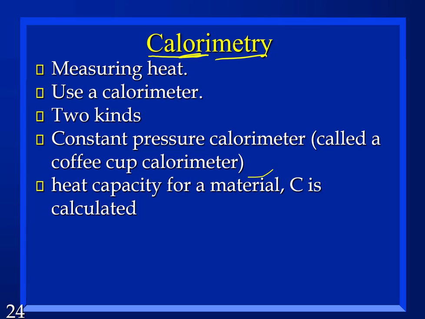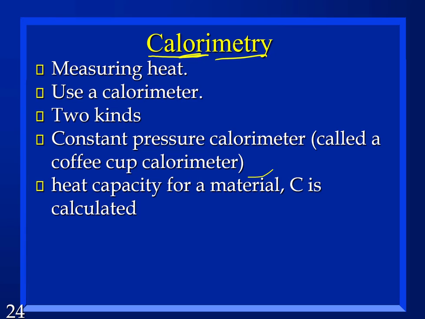So what you do is you start off with a heat capacity for a material that you know. Okay. So we've got C for that material.